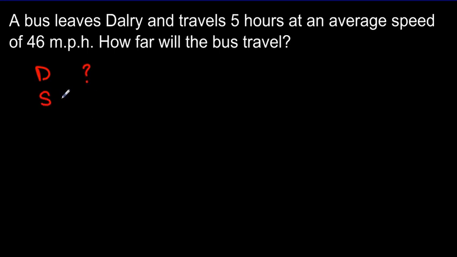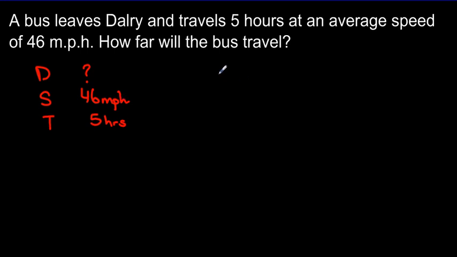I have a speed of 46 miles per hour and I have a time of 5 hours. 46 miles per hour and 5 hours match up, so I don't need to change anything here.